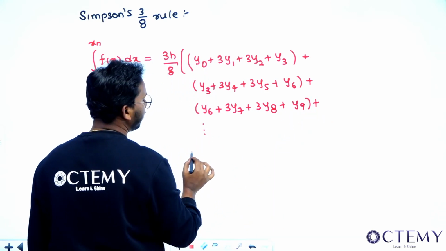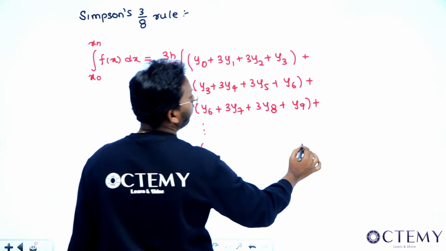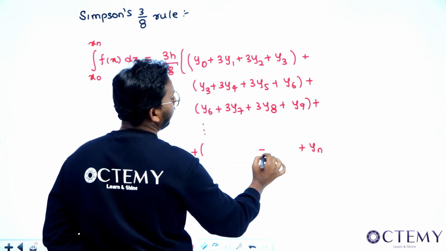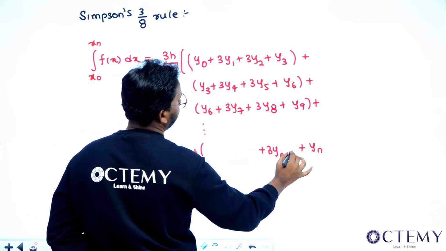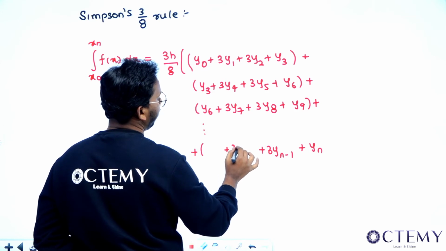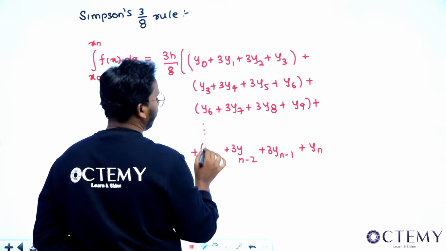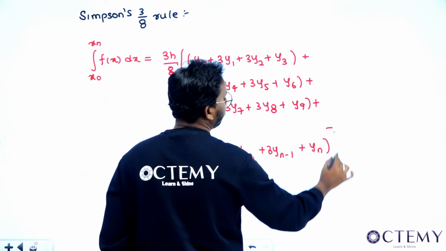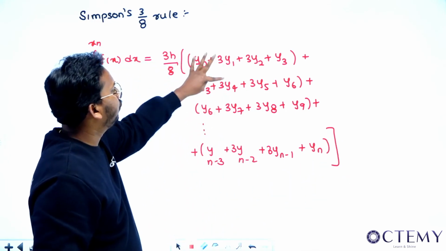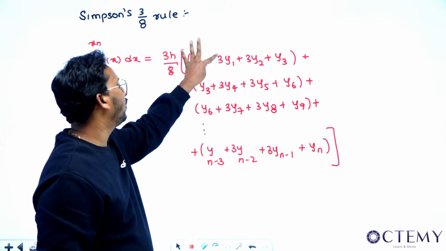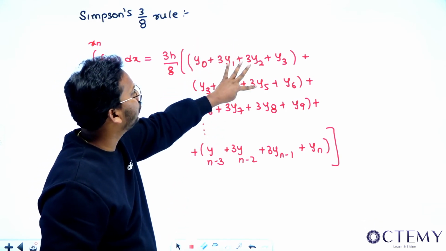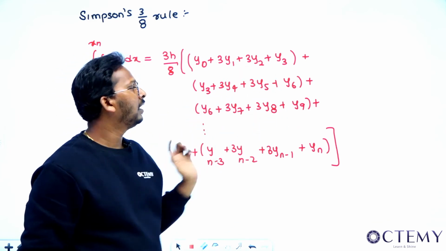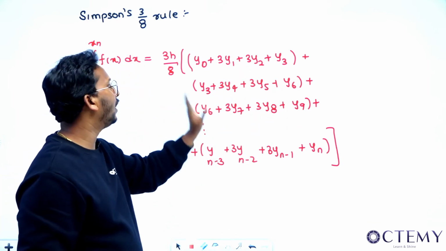If you write it like this, last it will be plus yn, and this would be 3 times yn minus 1, plus 3 times yn minus 2, and this would be yn minus 3, right? So if you observe something, your 1, 4, 7 and n minus 2, all of them will have 3, as well as 2, 5, 8, all of them will have 3 multiples, and 3, 6, 9 and other multiples of 3 will have 2 multiples, right?